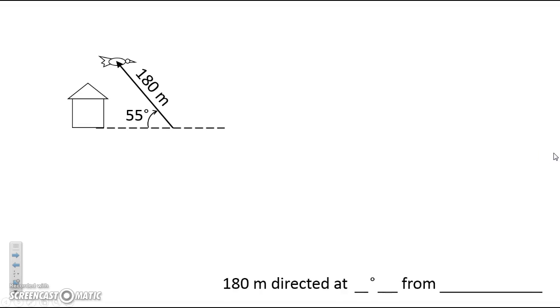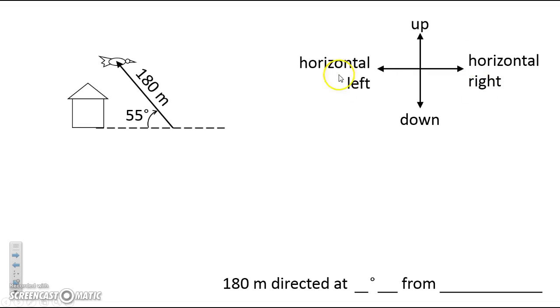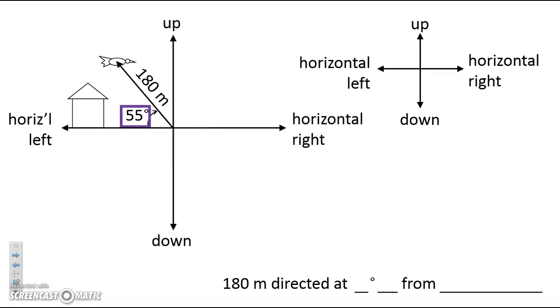So there's our shell. And here are the directions we will use in this case. We have up, down. To the right we will call horizontal right, and to the left we will call horizontal left. We superimpose those directions over top of our picture. And then we use the same process. It's 180 meters directed at 55 degrees, so you put 55 here.